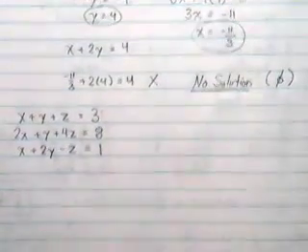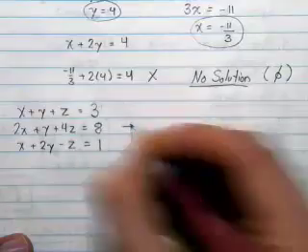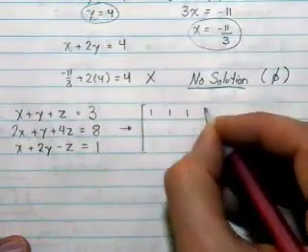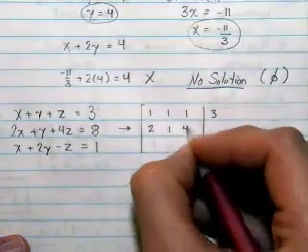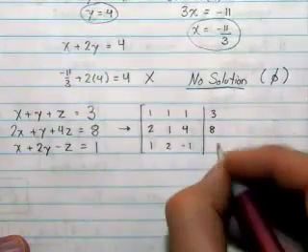Take a look at that system. So, seems normal enough looking at it. So, let's encode this thing into a matrix. So, we got 1, 1, 1, 3, 2, 1, 4, 8, and 1, 2, negative 1, 1.